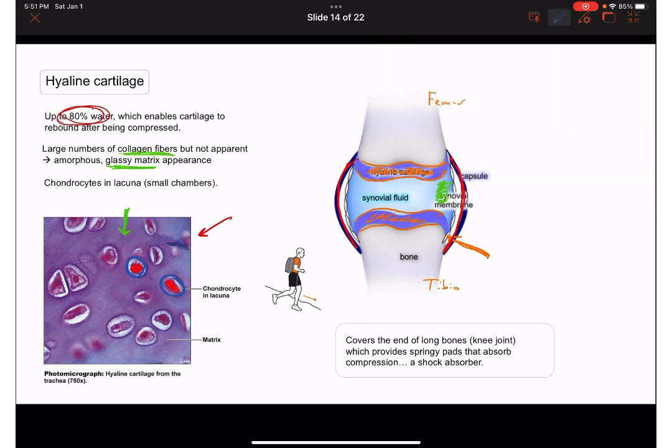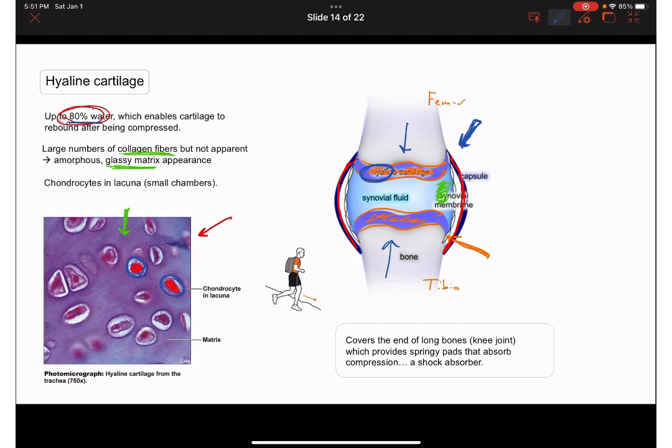Well, you can imagine that if you're running or you're hiking, then there's going to be a lot of compression occurring at the knee joint. And these two bones are going to want to bang together. They're going to want to hit each other. And this cartilage, because it's made up of 80% water, is going to absorb a lot of that shock.